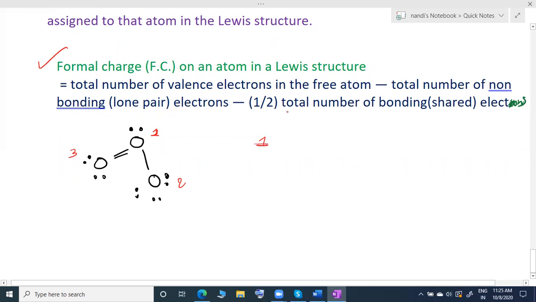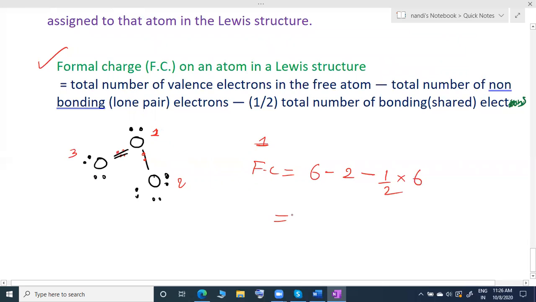What's the formula? Total number of valence electrons of oxygen is 6 electrons, minus total number of non-bonding electrons. Here only 2 electrons are there, that's why I am writing 2, minus half into total number of bonding electrons. Each bond is 2 electrons, you should know that. Here a double bond means 4 electrons, so total half into 6 electrons.